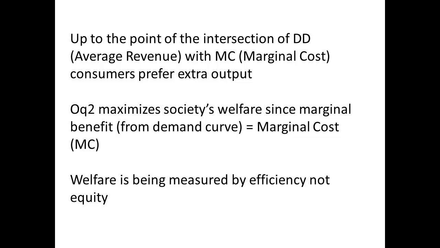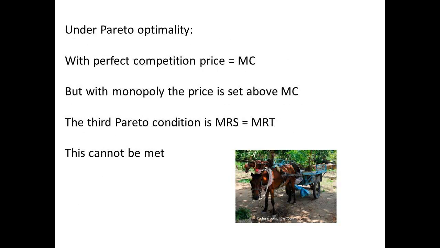Demand equals marginal cost. Under perfect competition, we saw that the price should be equal to marginal cost, and this represents Pareto optimality. However, we can see that with a monopoly, the price is being set above the marginal cost, so that the third condition for Pareto optimality, where MRS equals MRT, cannot be met.